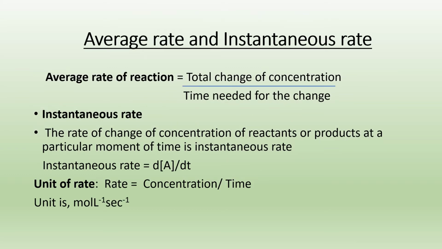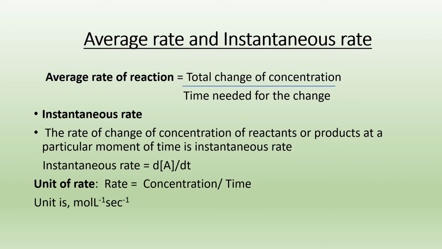Next, we have two types of rate, average rate and instantaneous rate. So the rate of a reaction we can express either as its average rate or its instantaneous rate. Average rate of a reaction is the ratio of the total change of concentration to the time needed for the change. For a chemical reaction, at different times the rate of the reaction may not be the same.